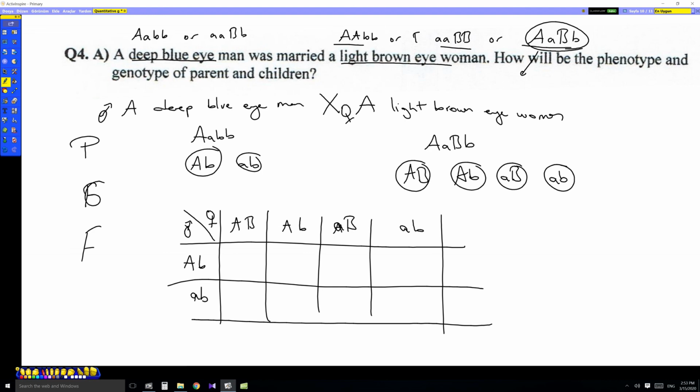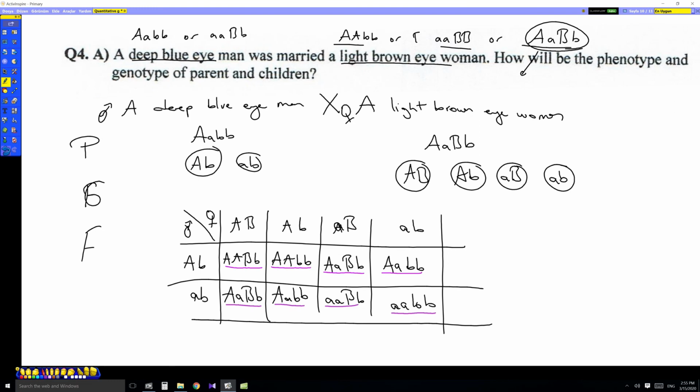So we first solve the Punnett box and find the genotypes for the F generation, and then their phenotypes: medium brown, light brown, deep blue, light brown, deep blue, and light blue.